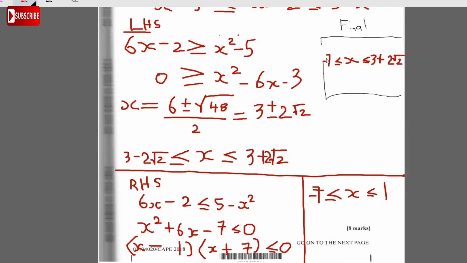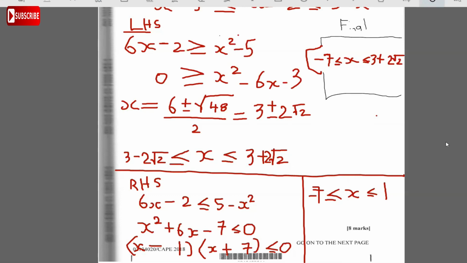That's the final answer. It should be minus 7. So x is between 3 plus 2 root 2 and minus 7.